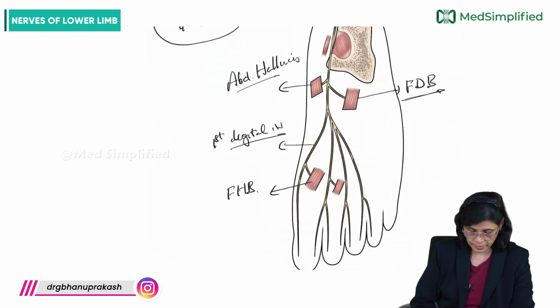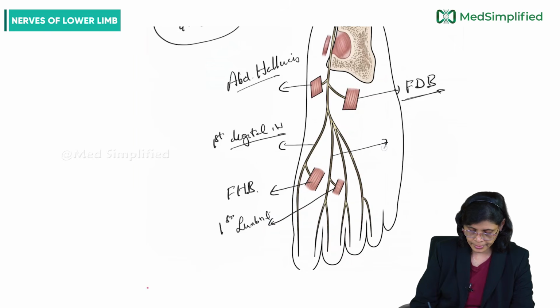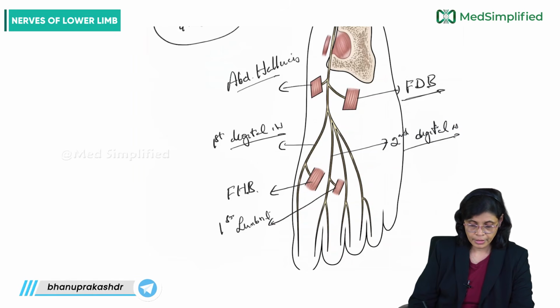The first lumbrical is supplied by the second digital nerve. So that is the motor supply.